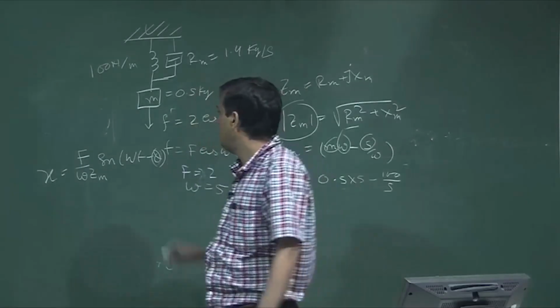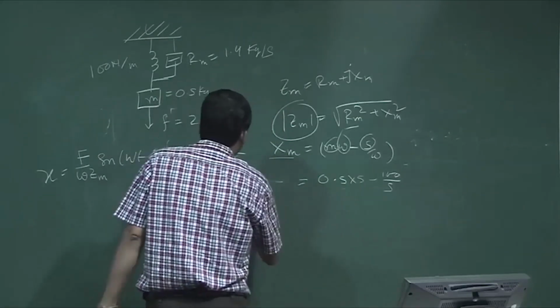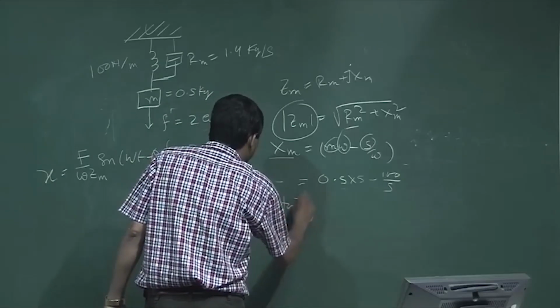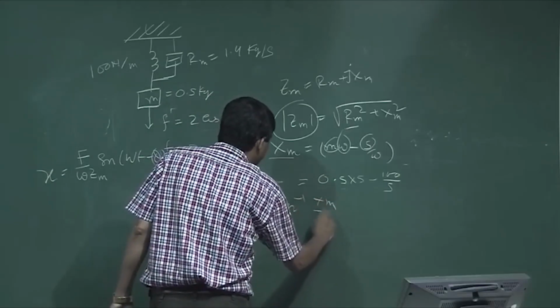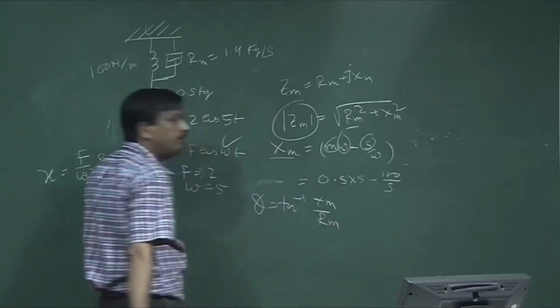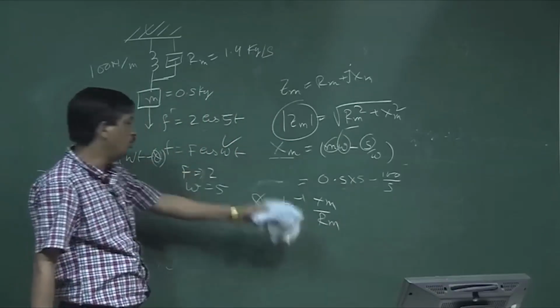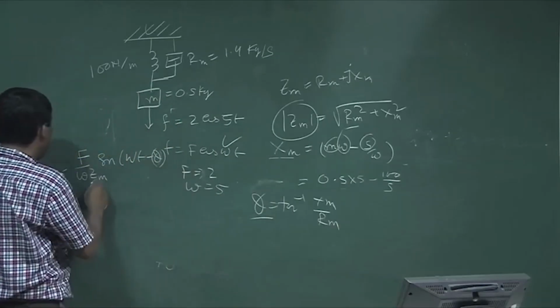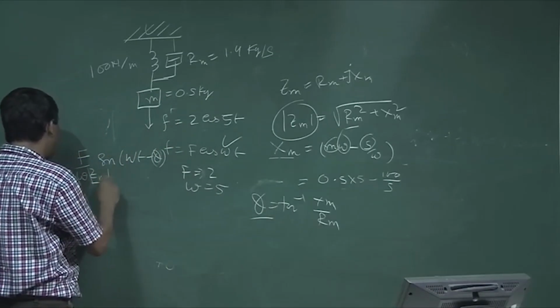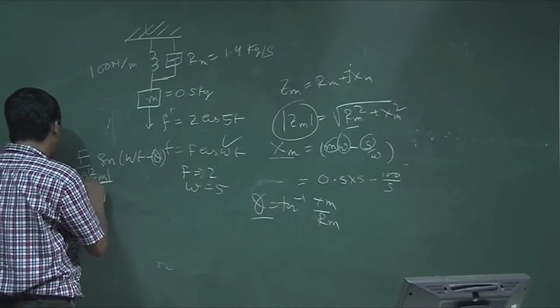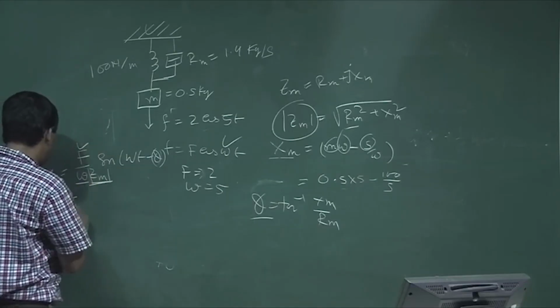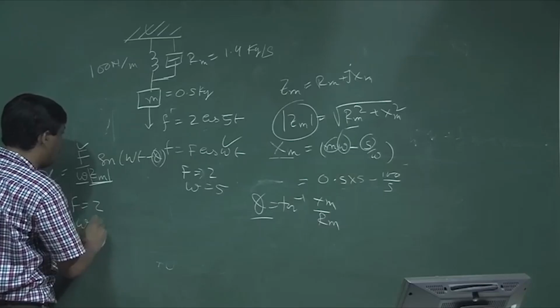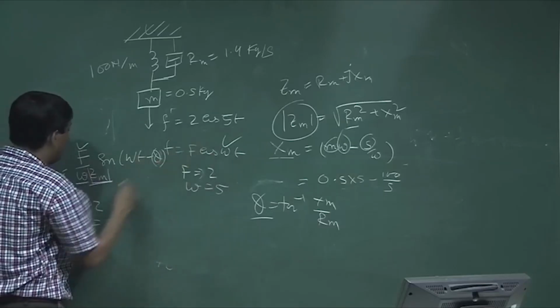What is phi? Phi is tan inverse of Xm by Rm. You know the value of Xm, you know the value of Rm, so you know the value of phi. You know the value of mod Zm, omega, and F. F is equal to 2, omega is equal to 5, and Zm you can calculate.